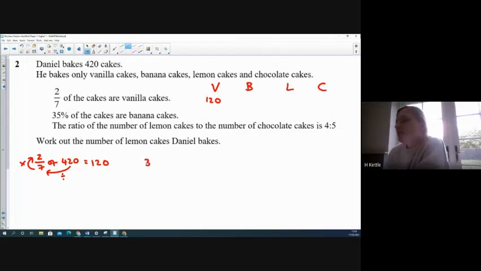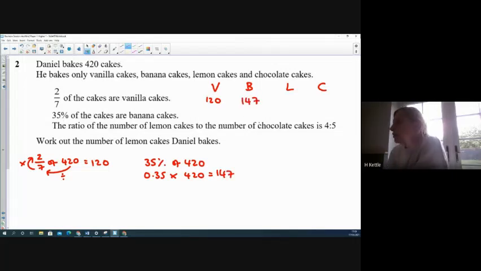So if we want 35% of 420, easiest way to do that, because we have a calculator, is to do 0.35 times 420, 0.35 being the decimal equivalent of 35%. So 0.35 times by 420, which is 147. And that's the number of banana cakes.